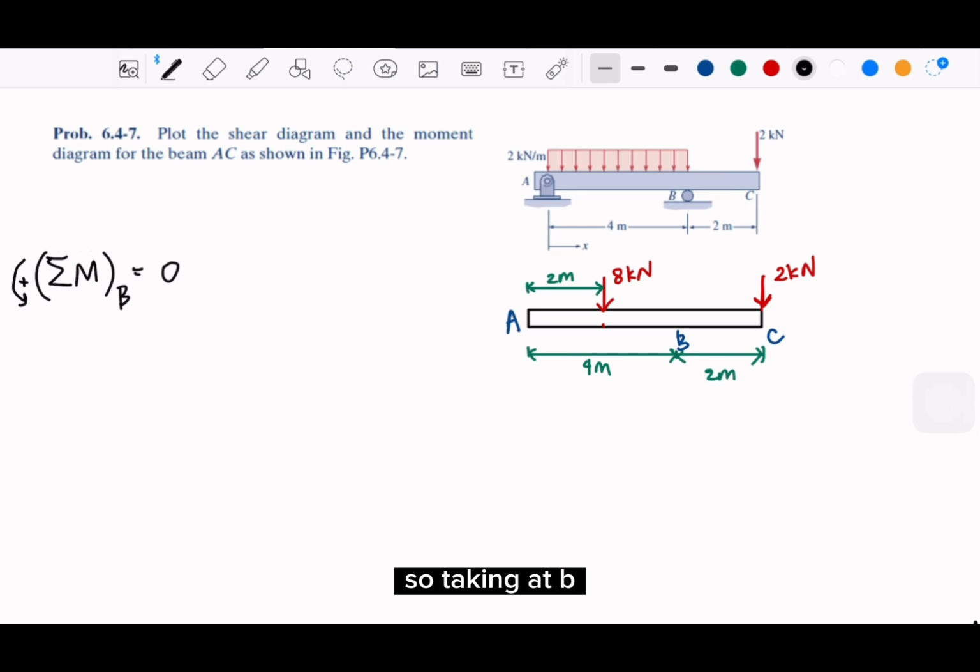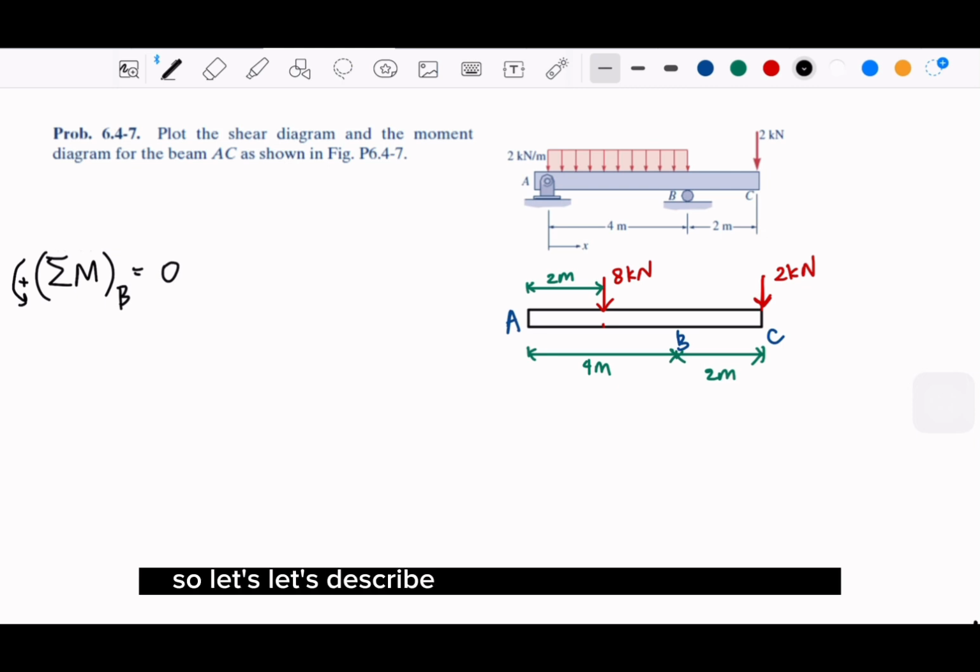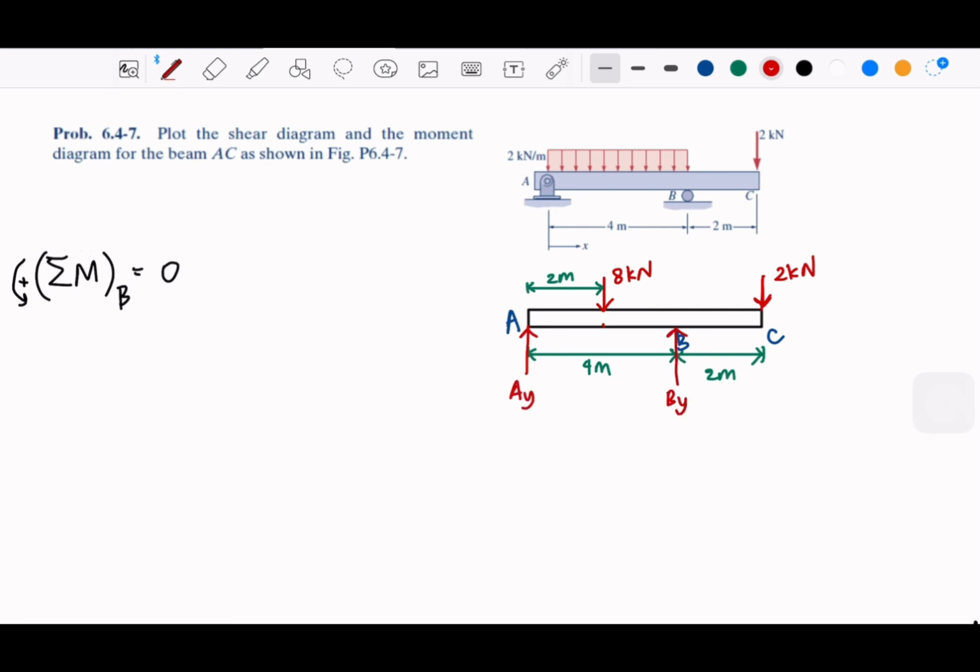So taking at B, we would expect to get AY. So let's describe AY. This is going through here. This is AY, and at B we have BY. Okay. So let's describe: AY multiplied with 4 meter.